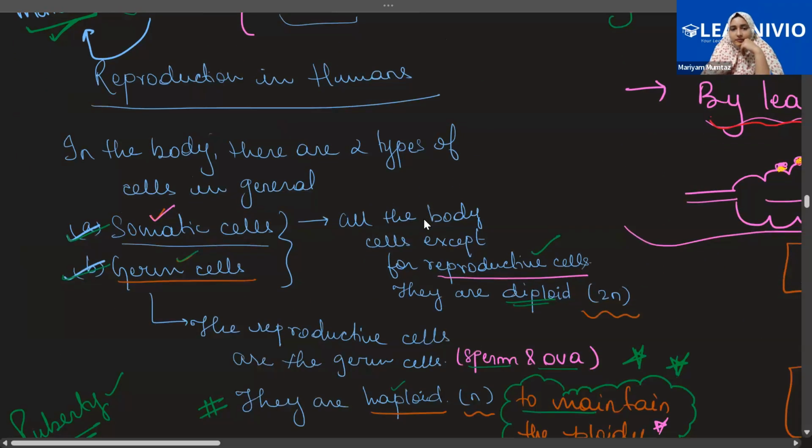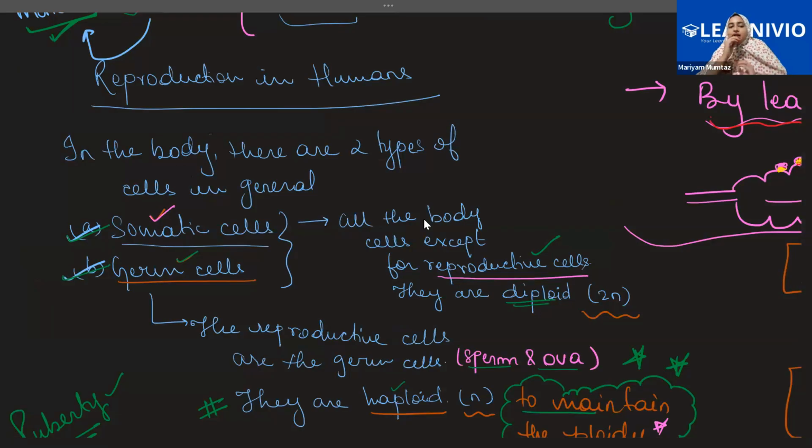In general, in organisms, there are two types of body cells. The first kind of body cell is the somatic cell. Somatic cells means all the cells that are there in the body except for the ones that participate in reproduction.